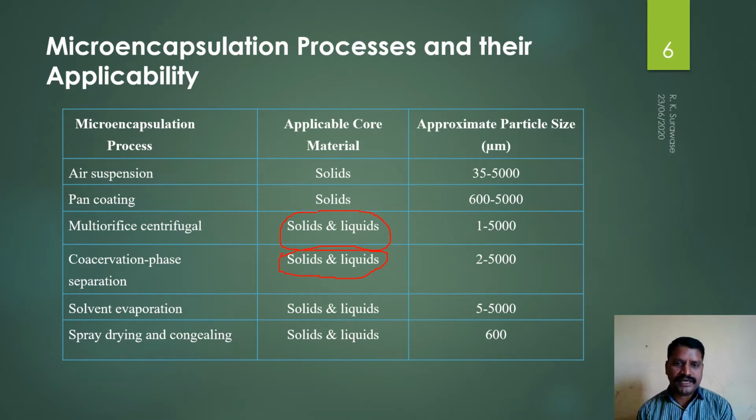Solvent evaporation, again chemical, solid and liquid, 5 to 5000. Spray drying and congealing, solid and liquid, around 600 micrometers. So this is, at a glance, the microencapsulation processes and their applicability, core material, and approximate particle size.